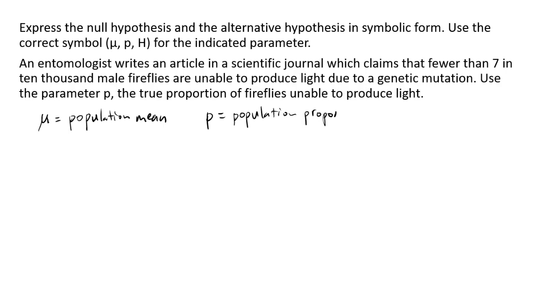Meaning that if you were able to collect all the fireflies on the earth right now, which would be impossible even if you used trillions of dollars, and then counted all those who are unable to produce light due to genetic mutation, then you would get the true value of P. But because this is impossible, people use samples, and you do statistical inference to make a judgment about the actual true proportion P. And because this is about the population proportion, we actually don't get to use mu at all.